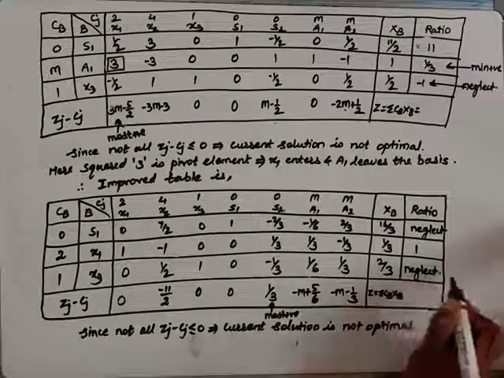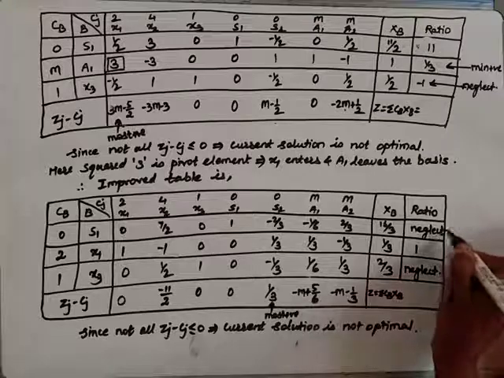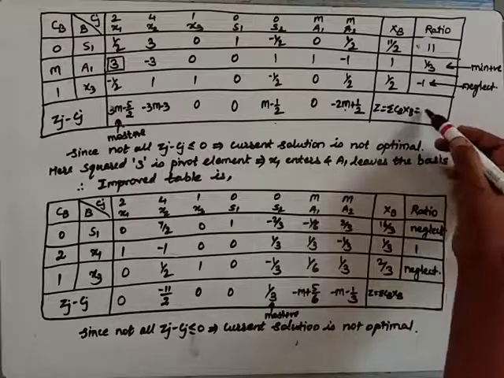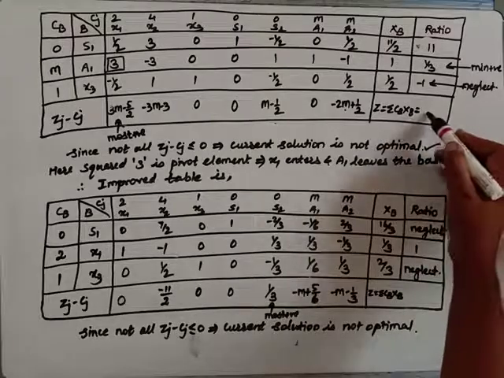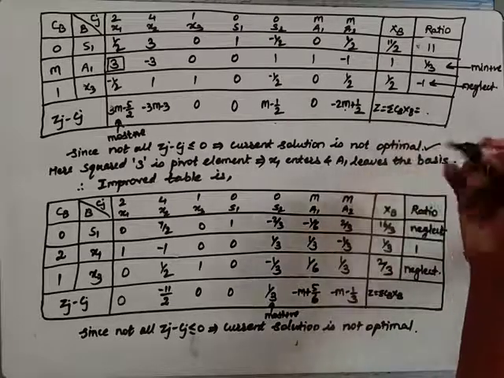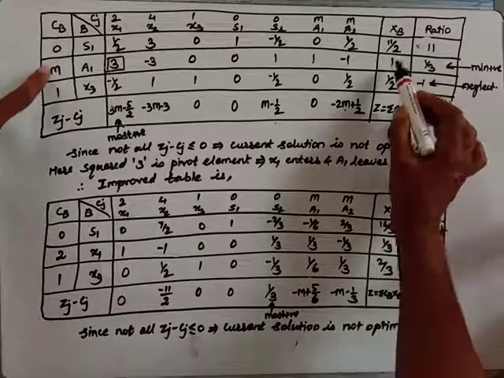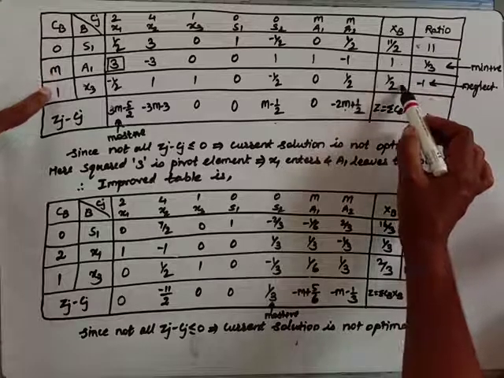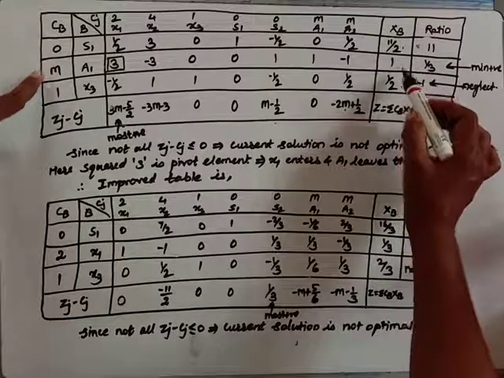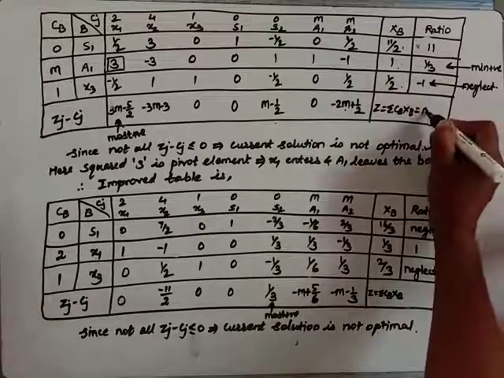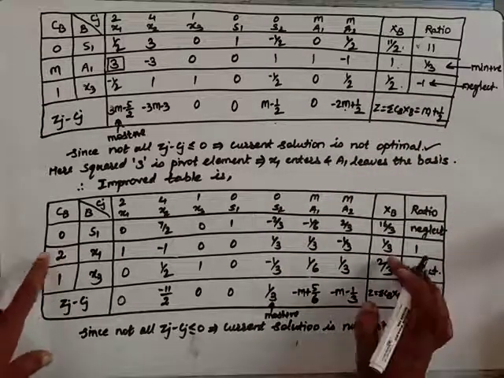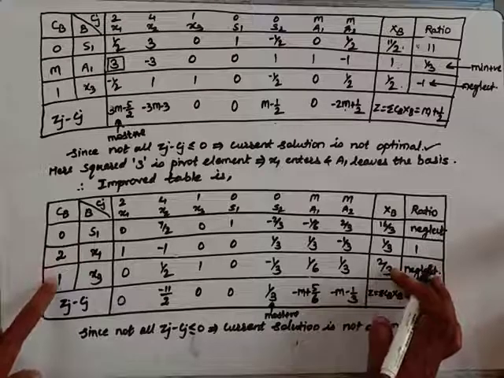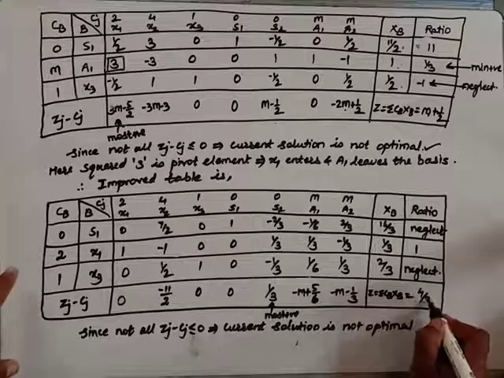No need to find that even. Now one more thing, here z remains to be found, but it is not optimal. So if you don't find the z, it doesn't affect, or if you want to find it, you can. It is M plus, look at here, it is 0, M plus half. So it is M plus half. Here also what is z? Let us check. This is 2 by 3 plus 2 by 3. So it is 4 by 3.